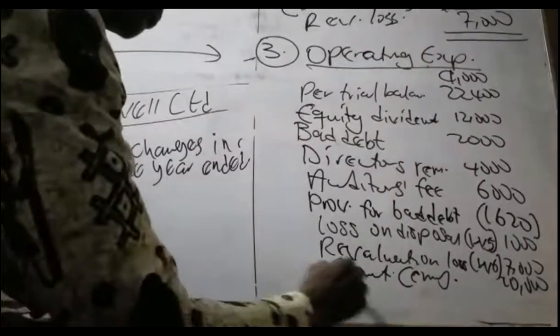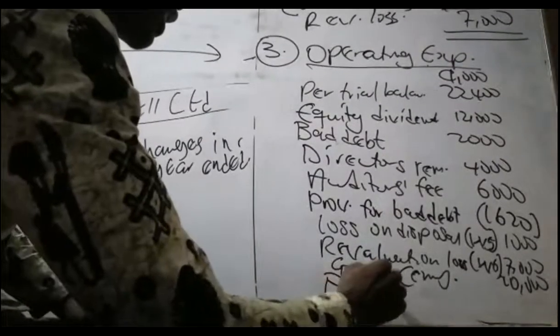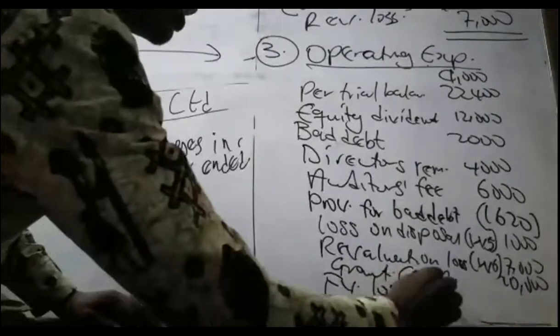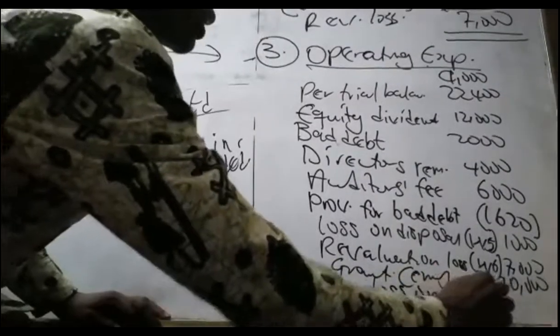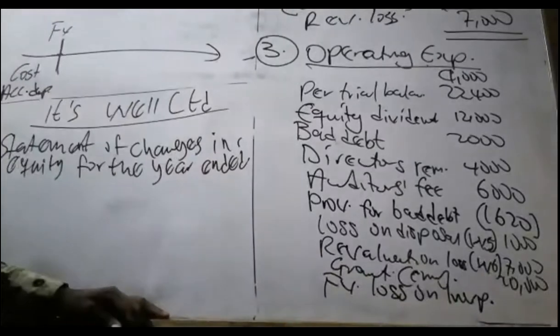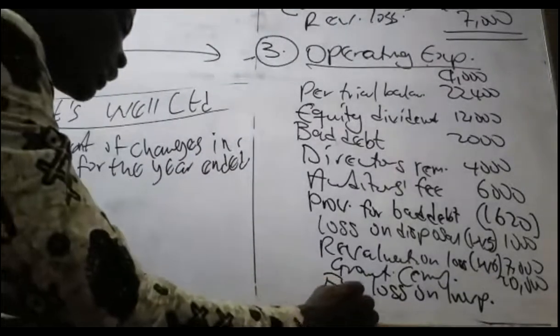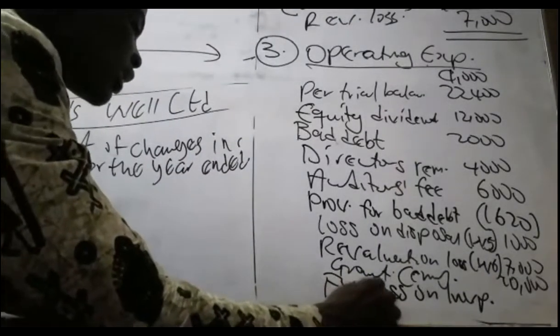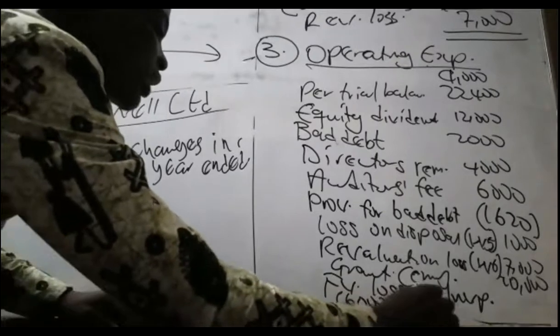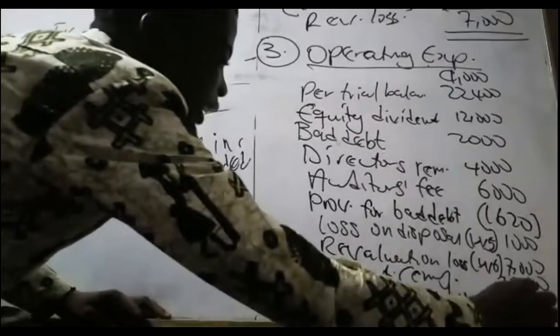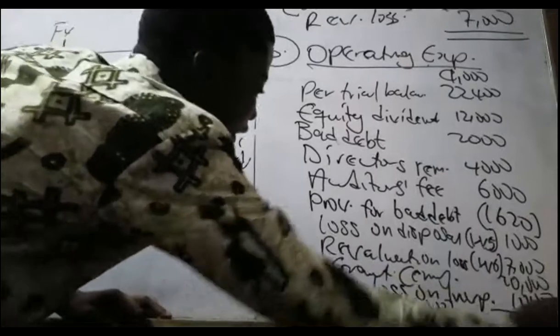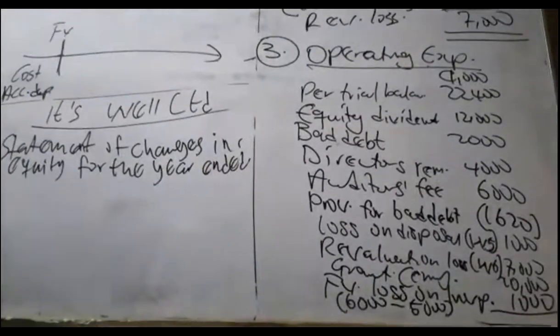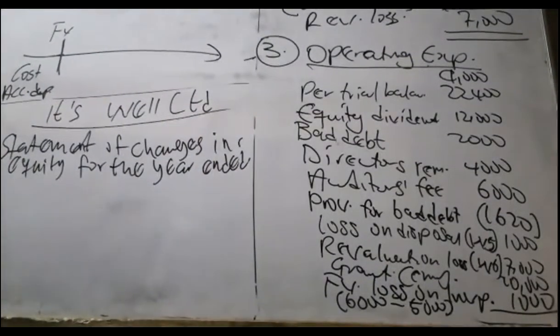But, fair value loss on investment property. And you do your workings. Open a bracket, 6,000 minus 5,000. Close the bracket. 1,000. Put it here. Now they are doing something that we are done. So there are items again.